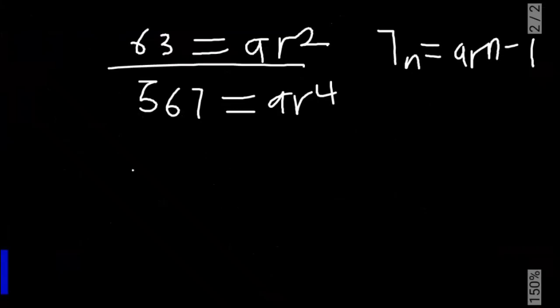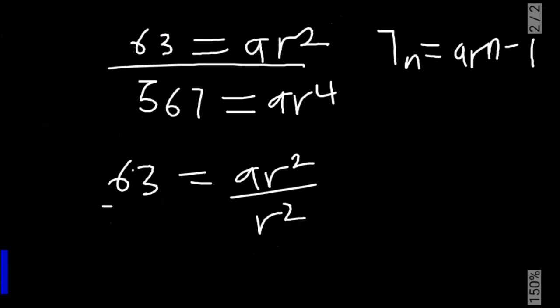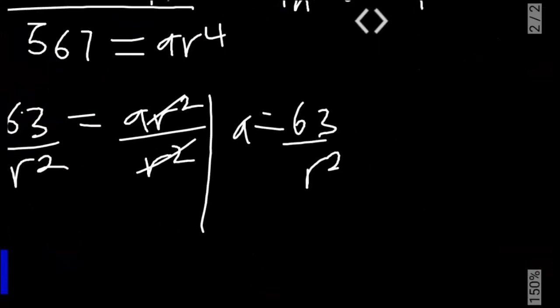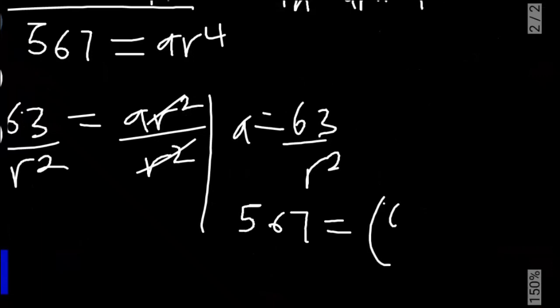So from here, we can have 63 equal to ar squared. Divide both sides by r squared. So we have a is equal to 63 over r squared. We can substitute this in the other equation. We have 567 equal to our first term, which is now 63 over r squared, multiplied by r raised to the power of 4.